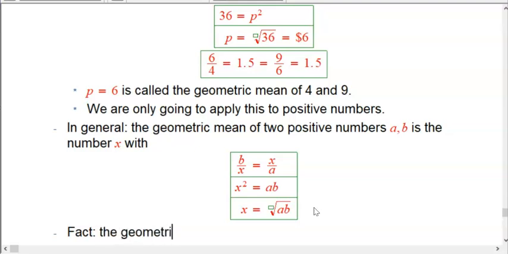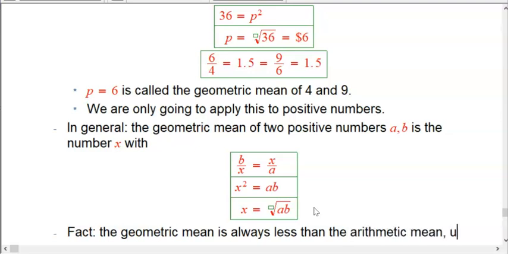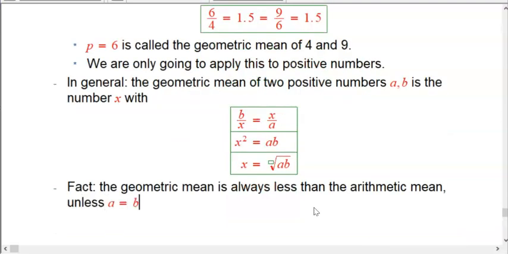The geometric mean is always less than the arithmetic mean unless A equals B, in which case A equals B equals M equals X, all are equal. I take any kind of average in any general sense of two numbers that are the same, it's just going to spit back that same number. Okay, that's a good place to stop here.